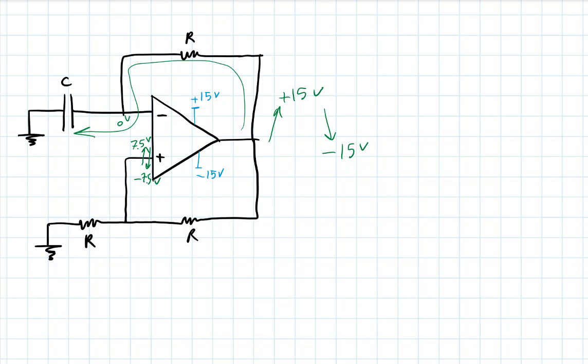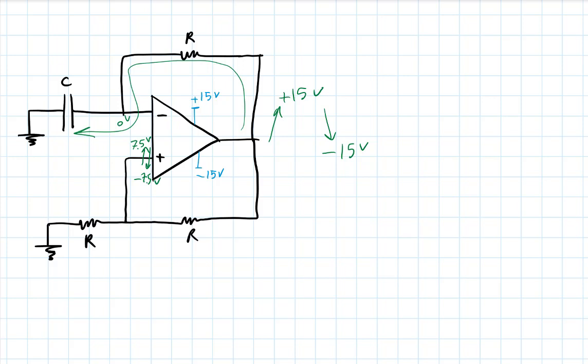Now the capacitor will discharge, and it will discharge until the top input reaches minus 7.5 volts. And as soon as it goes ever so slightly below minus 7.5 volts, what will happen to the output? It will switch again.